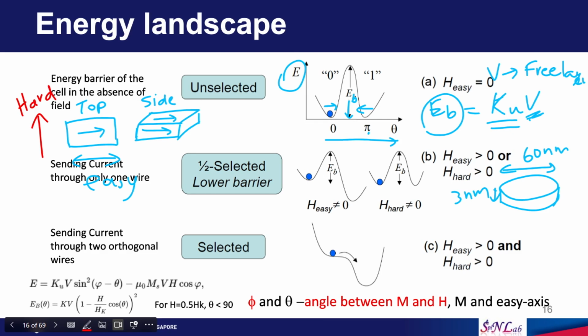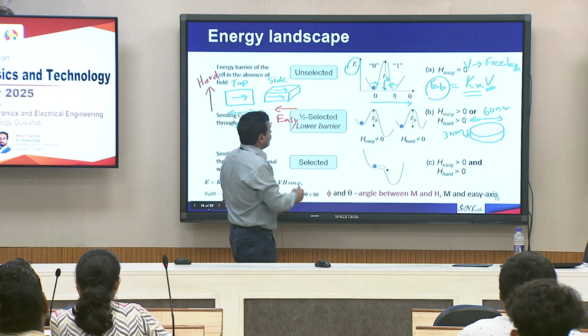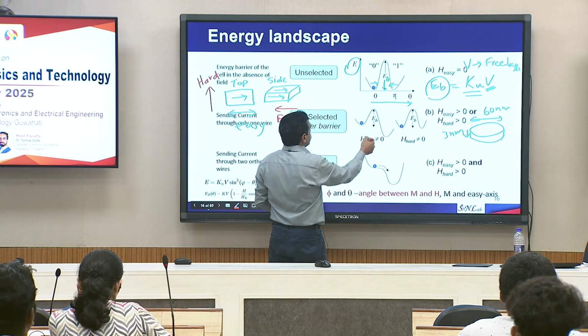Let us say we apply a magnetic field along the easy direction, opposite to its magnetization. In the absence of magnetic field, this was very low energy, but once you apply an opposite magnetic field, the energy landscape changes like this.